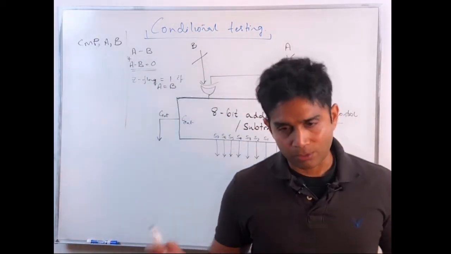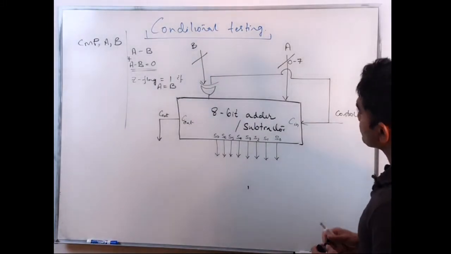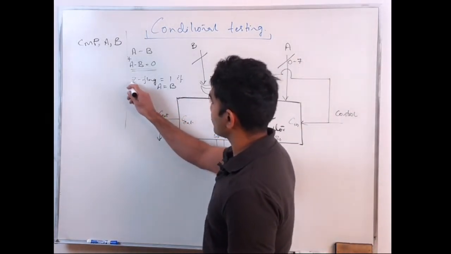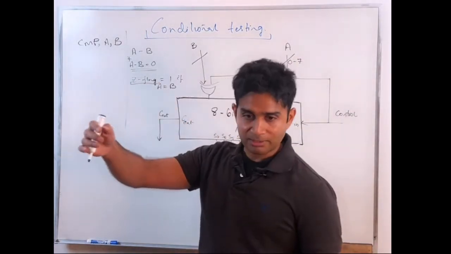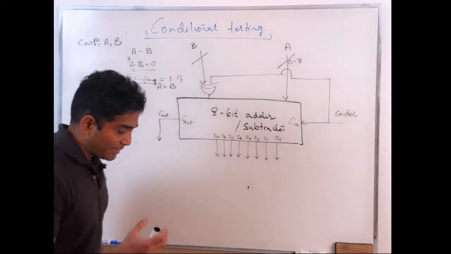So let me see if you can think about some way to construct a Z flag. The Z flag in this case is the output. Again, go back to your basics. That will help you design this circuit.